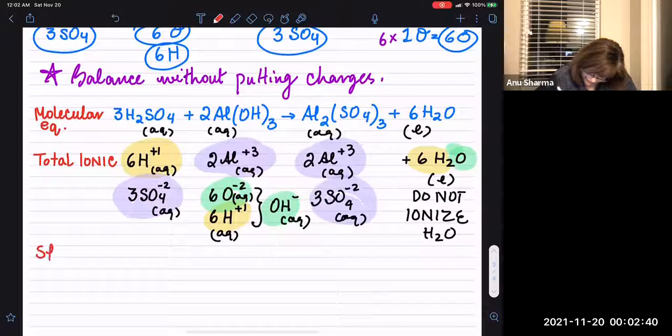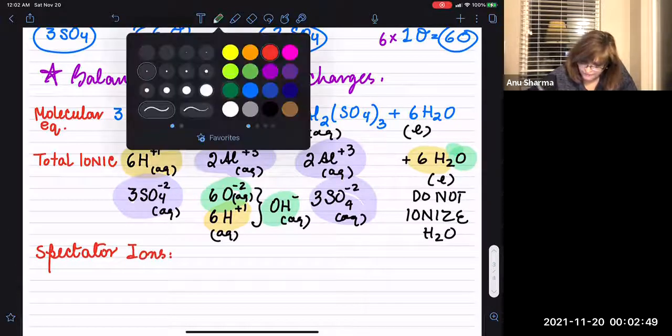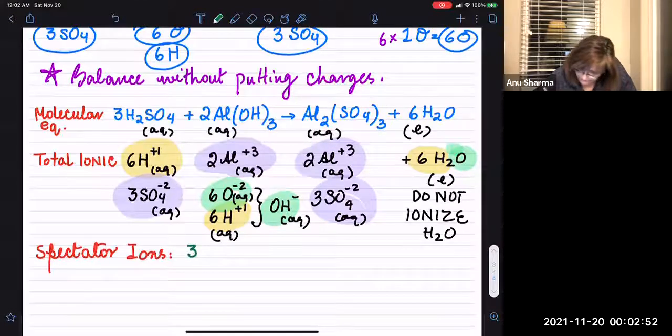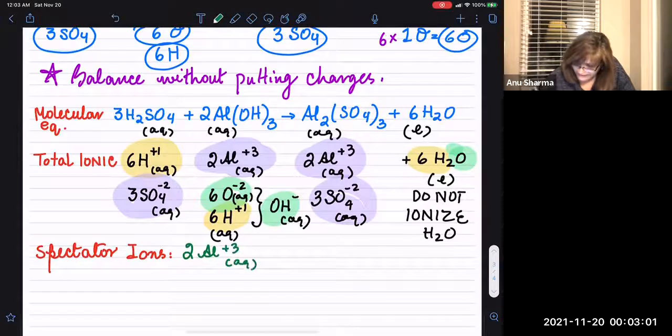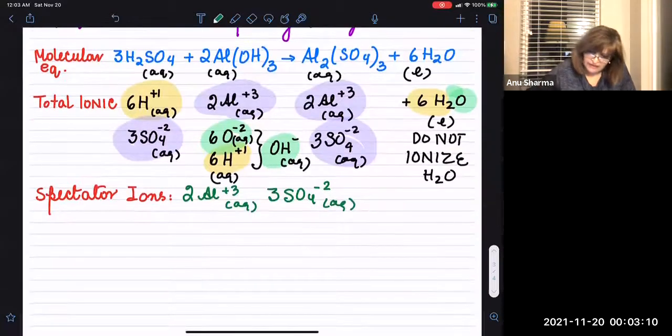Those spectator ions are 2 aluminums +3 charge aqueous, and 3 sulfates -2 charge aqueous. Okay. All right. Then comes the net ionic.